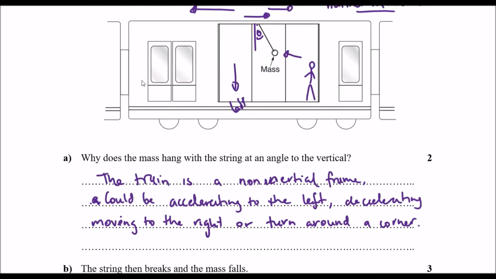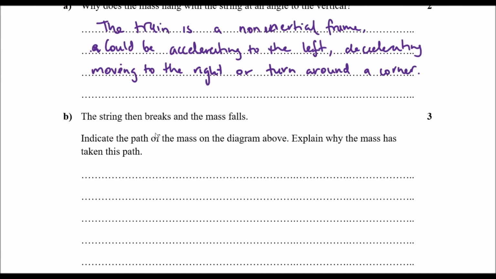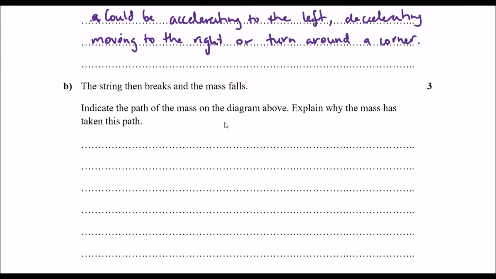All right, so the next one we have is the string then breaks and the mass falls. So let's just draw that diagram again. Our train was like this, and let's say the train was moving like that, and the pendulum was like that. We're going to cut it. So we've cut the string, and we're trying to work out which direction the mass will fall.